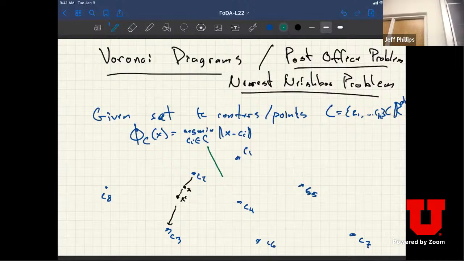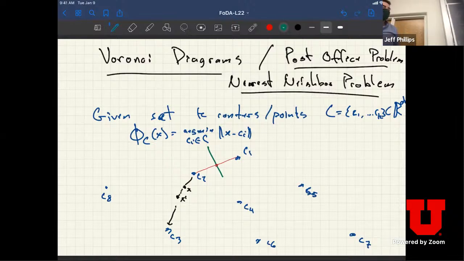I'm going to make the argument that this will always be lines or line segments. It's the bisector between the two points. If I take the line between them and take the midpoint, this green line should pass through this midpoint.